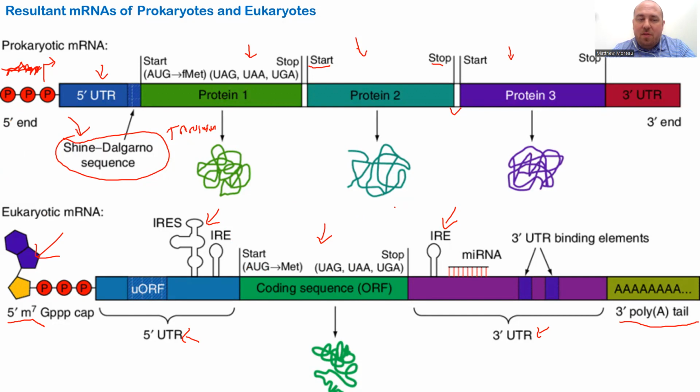Now, what are some of these other things that you see here? There are things called IRES sites. These are called internal ribosome entry sites. And what these are really important for is situating eukaryotic mRNA into the ribosome.